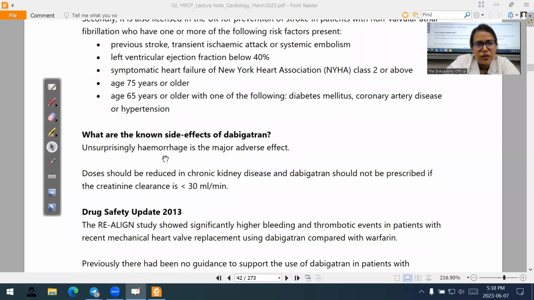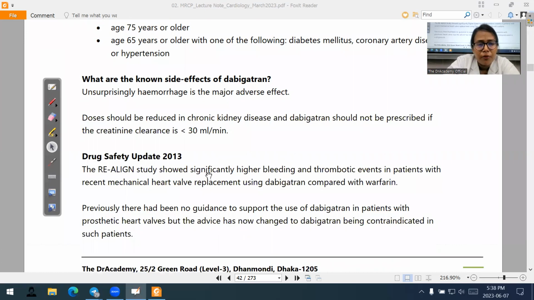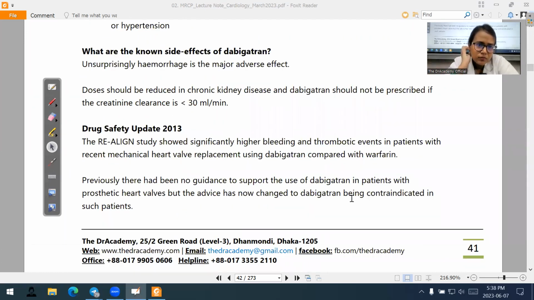Side effects are hemorrhage, but that's relatively less compared to warfarin. But for patients with valve replacement, warfarin still remains the drug of choice, because you can monitor warfarin. The DOACs do not really require frequent monitoring like warfarin, but in a valve replacement patient it's very important.